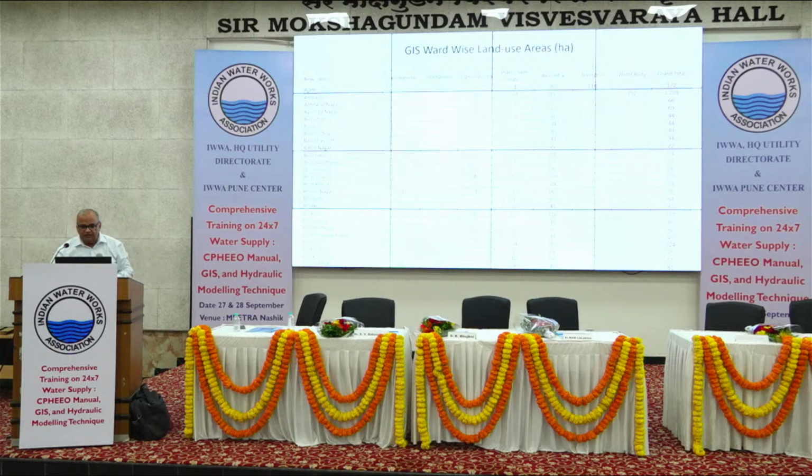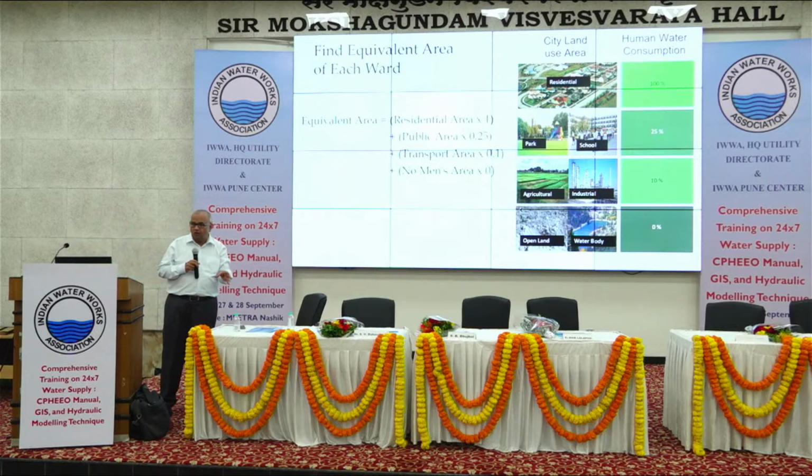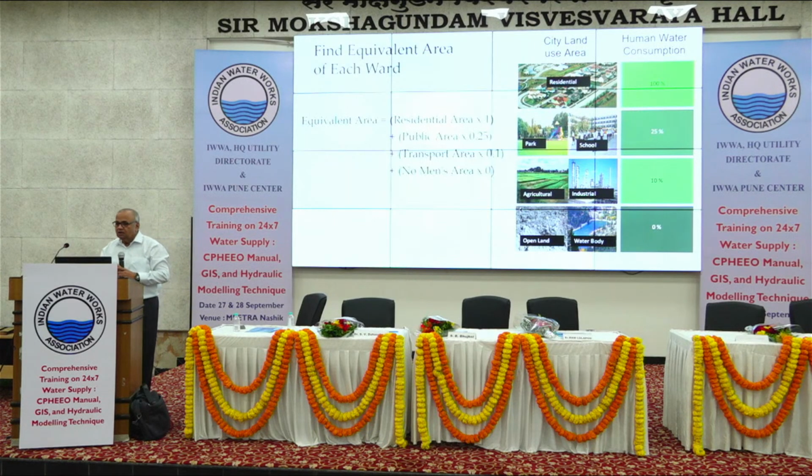Once you get this, now this is an equivalent area method, which we have inserted. The idea is that residential area, 100% you are going to account. This is human water consumption, and it is assumed that in your school parks, 25% of the equivalent area will be in the form of human water consumption, 10% in agriculture industry, open land 0%.